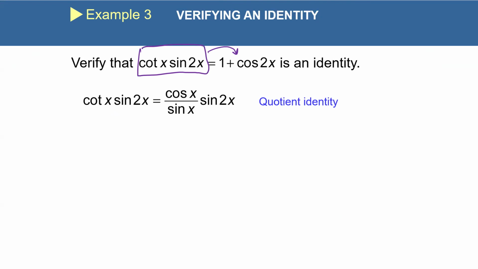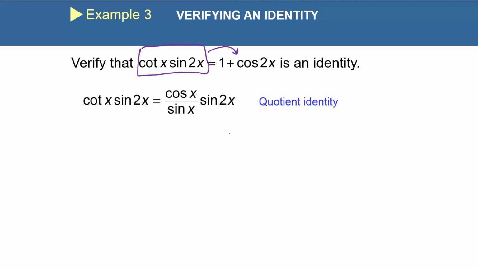So up first, if I have cotangent x sine 2x, we want to get everything in terms of sine and cosine. Remember that? So step 1 for proving identities is to get things in terms of sine and cosine. Cotangent, using the quotient identity, becomes cosine over sine. Our second step is to see what identities we can apply.